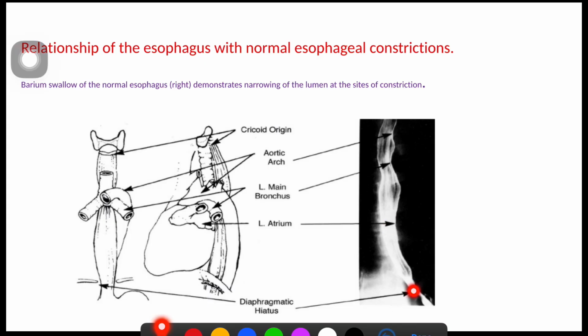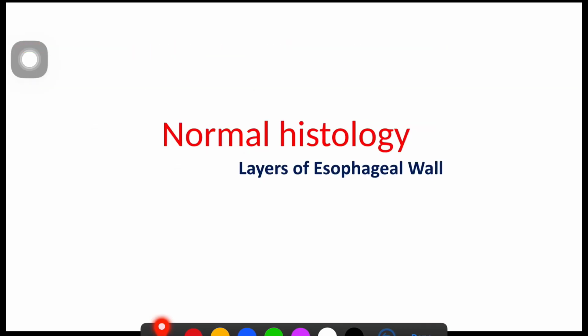These are not abnormal. You must know that at the region of the aortic arch, left main bronchus, left atrium and at the diaphragmatic hiatus, there are four normal narrowings of the lumen, but they are normal in nature.